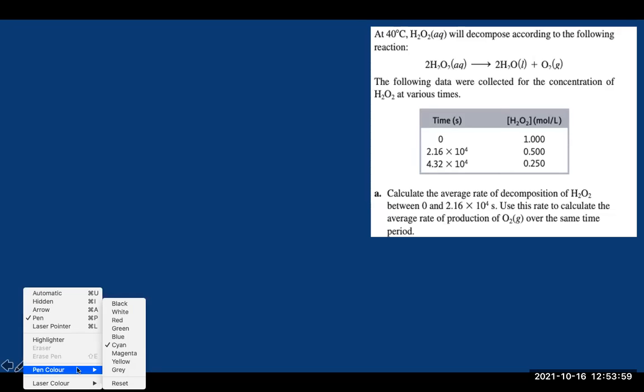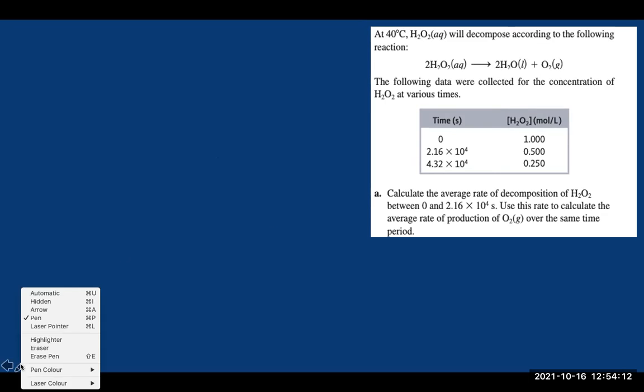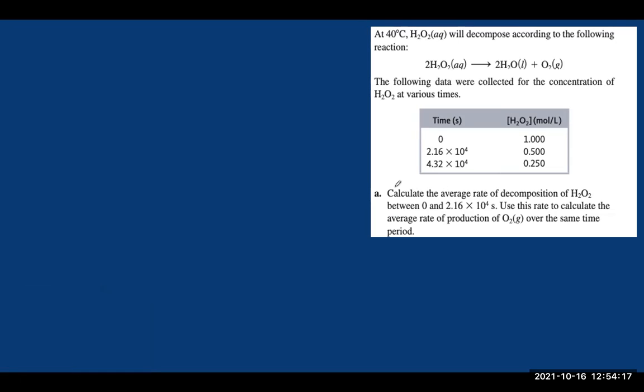Again, another example. Okay, we have a reaction here, 2H2O2 yields 2H2O and O2. And we have time and we have the concentration of H2O2. First, calculate the average rate of decomposition of H2O2.